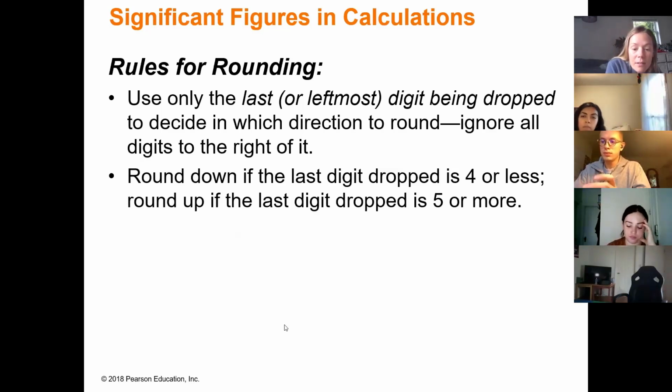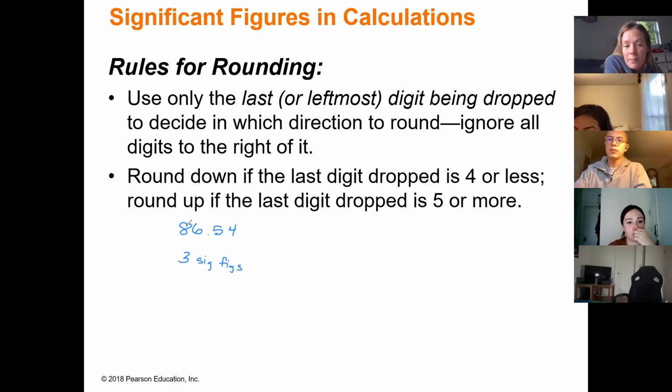So let's say we write 86.54. How many significant figures does this number have? It has 4 significant figures, right? But let's say we have to round it to 3 sig figs, because this is the total and one of the factors only had 3 sig figs.